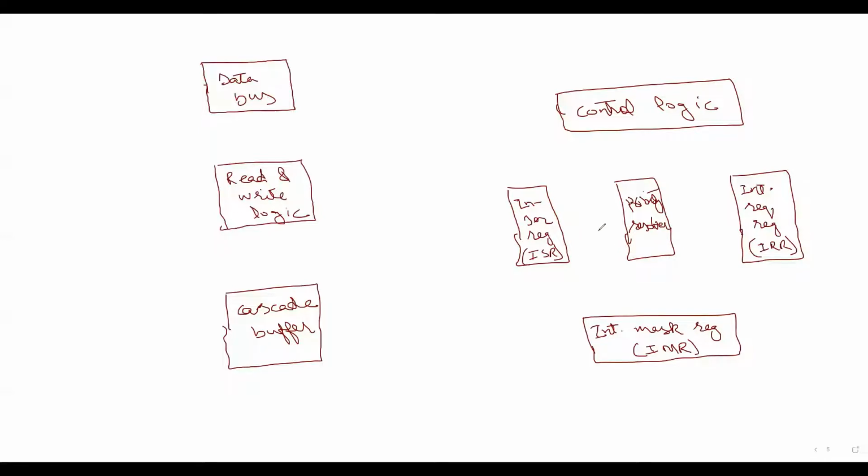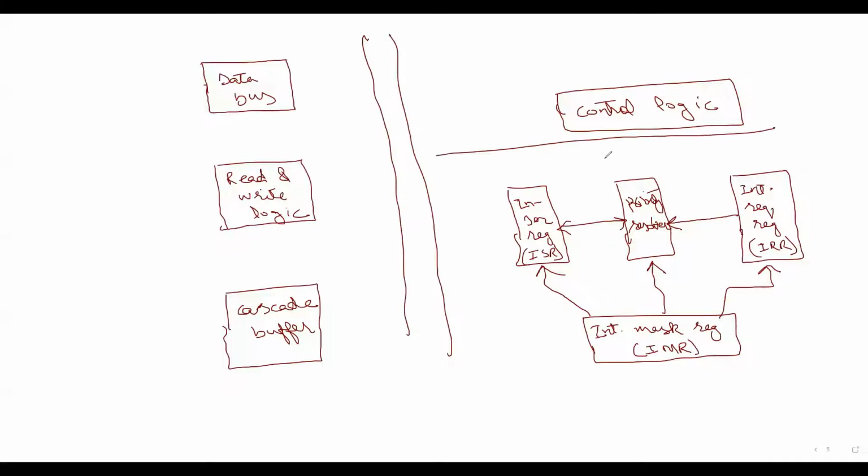And we have the communication here like this. This can communicate with this. This can also communicate with these. So from here it goes here, and these components are connected by a bus. So we have an internal bus here.